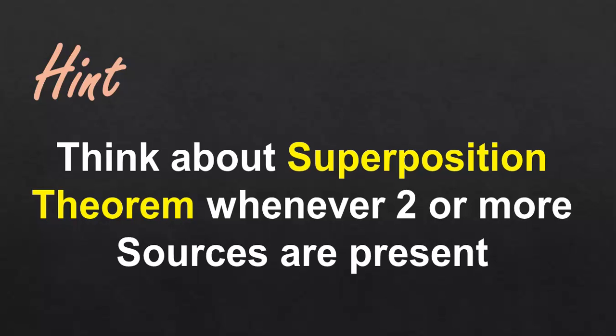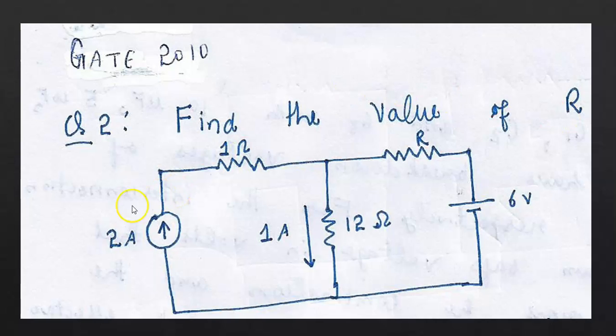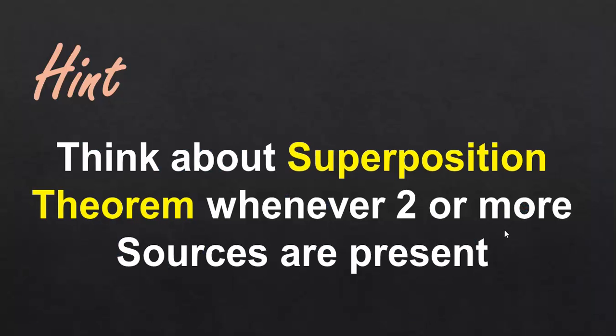Hint is that whenever there are two or more sources in a circuit, we can think about using the superposition principle. In superposition, we remove one source, either voltage or current, then solve for circuit equations. Then we remove the other source and solve again, and add the results.